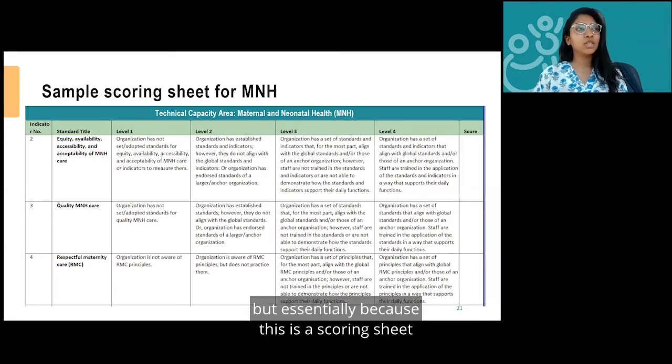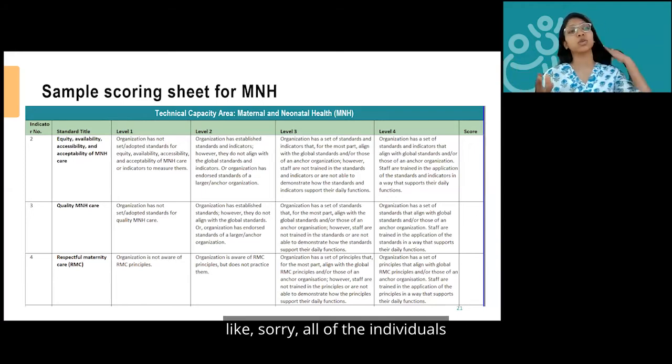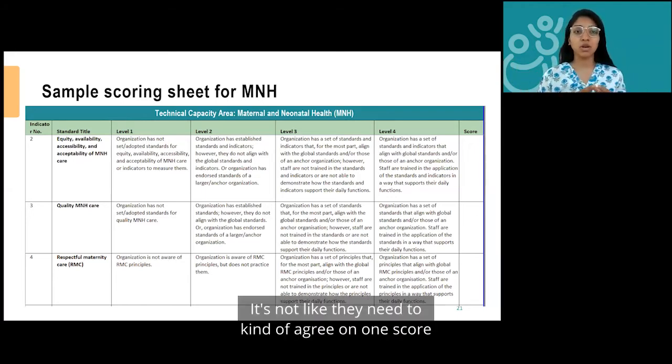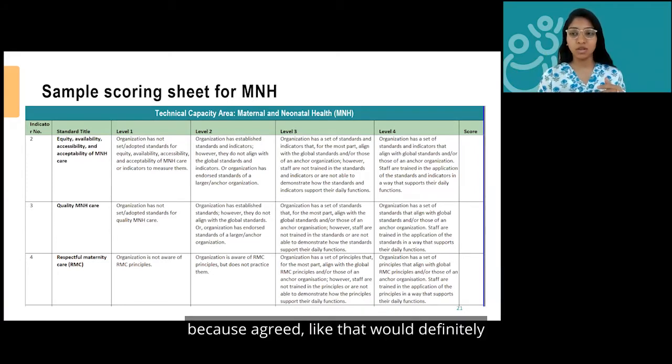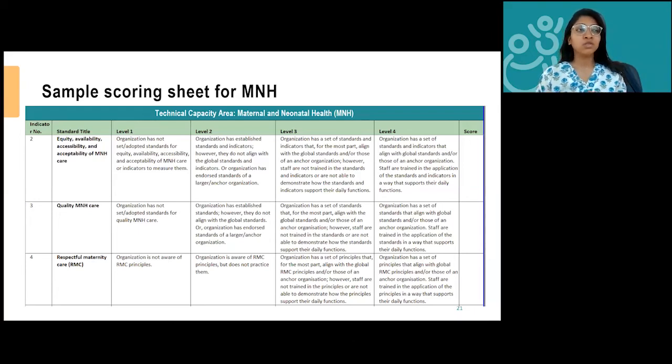Essentially, because this is a scoring sheet that all of the individuals who are participating in the ITOCA get to fill in, it's not like they need to agree on one score, because that would definitely lead to some disagreement, and then how do you decide which is the score you want to agree on.